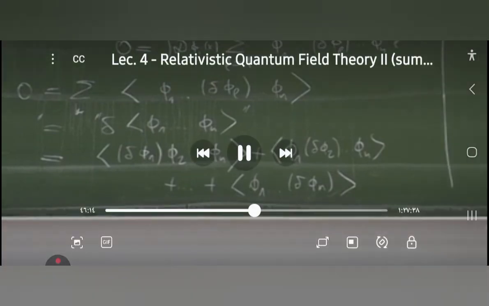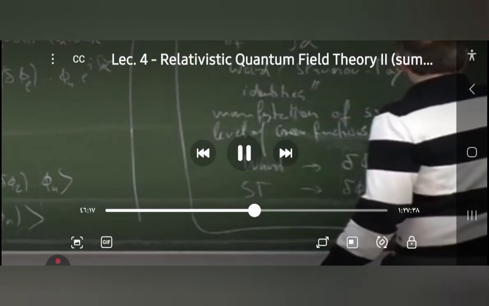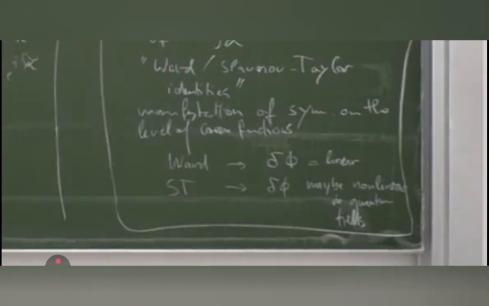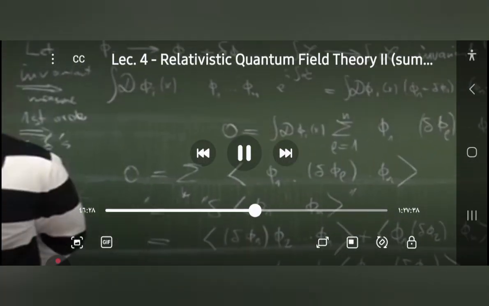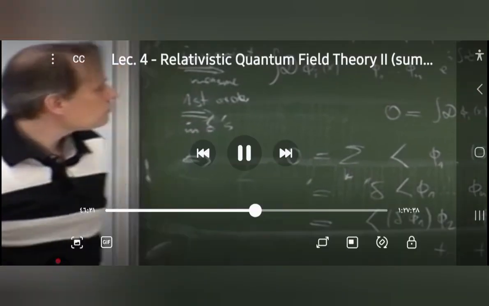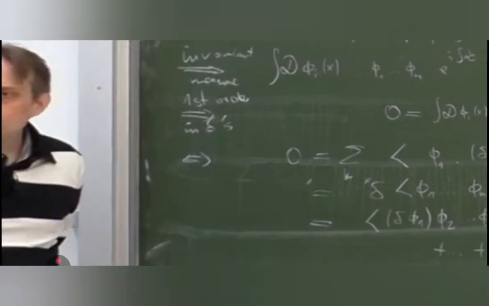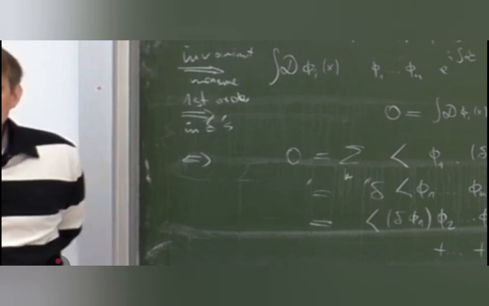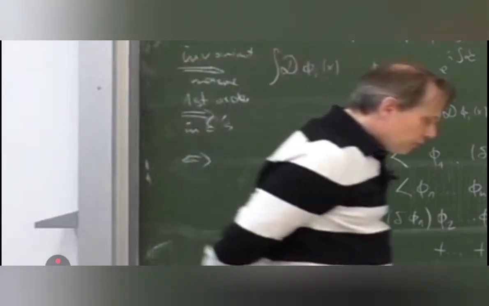Not everybody uses this naming convention, but it is our naming convention. So these are Ward and Slavnov-Taylor identities, and again I would like to derive an example for QED, which we already used in the last semester for the photon self-energy, where we said that the photon self-energy must be transverse.